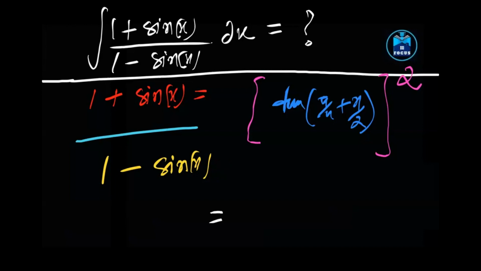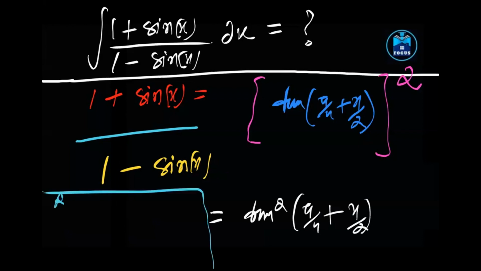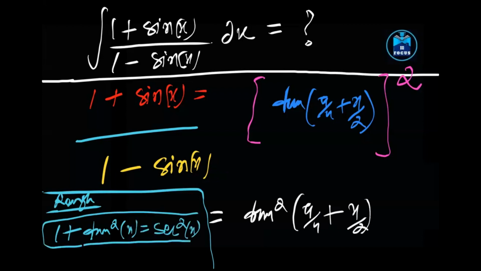Writing it equal to tan square (pi by 4 plus x by 2), right? I've just taken the square and written it properly. Now I'm going to take a little more of this rough space and remind you of a formula that we have just learned: 1 plus tan square x is equal to sec square x. Is that right? Yes.